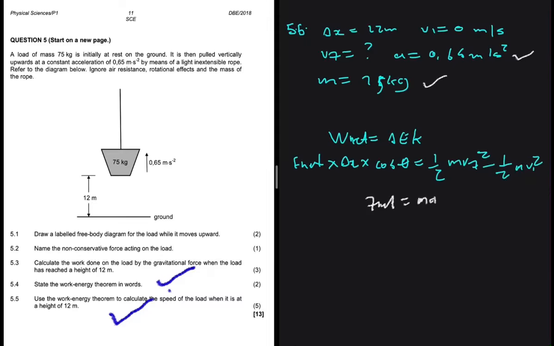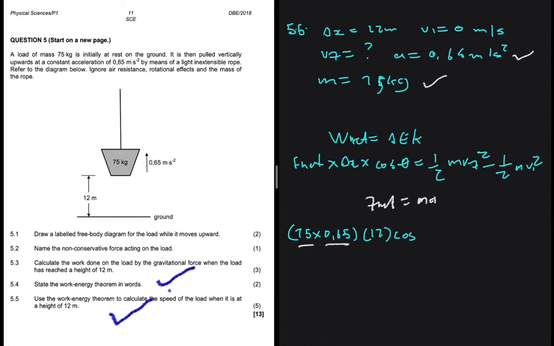So in place of F net, we can just put that the mass of the object is 75, and then the acceleration is 0.65. Δx, we know fully well that it is 12, and then cos of θ. So what is θ? Let's look at F net, right? We have 75 multiplied by 0.65.